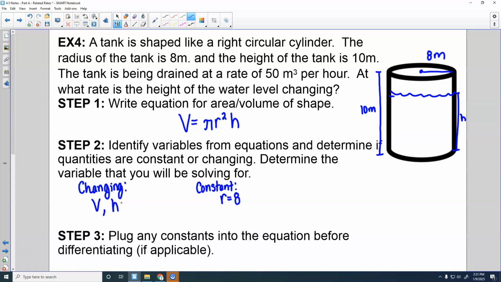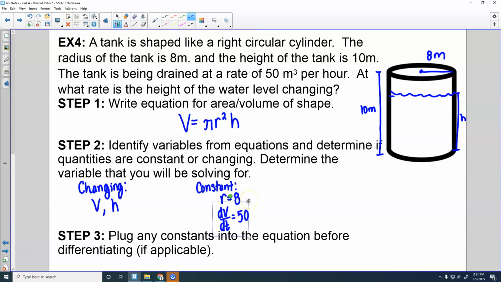Okay, we also want to think about rates, because it's going to give us some rates. So it tells us the tank is being drained at a rate of 50 cubic meters per hour. They don't use the word constant there, but you would imply that it is constant. So what variable is that? It's definitely going to be a dt of some sort. It's dV/dt. And it is constant, so dV/dt is 50.